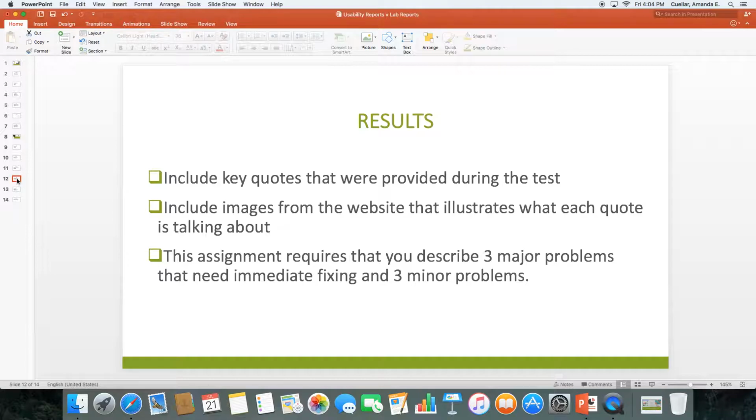So this is where you're going to get your key quotes from. Summarize important observations you made in this section. This assignment requires that you describe 3 major problems that need immediate fixing and 3 minor problems.